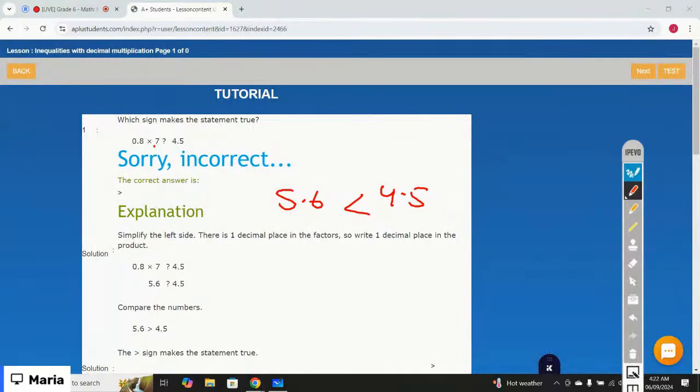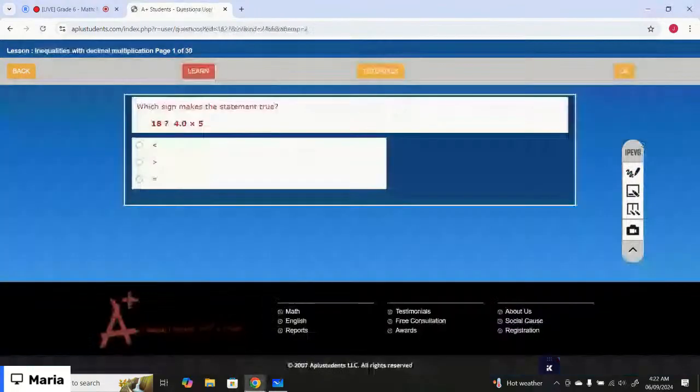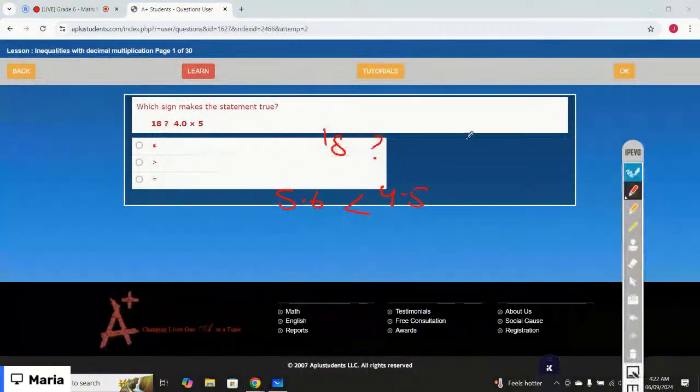Okay, let's just start with the test questions. Which sign makes the statement true? Here you have 18, here you have 4 times 5. So you have 18, and 4 times 5 is 20.